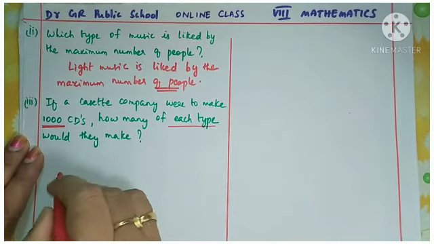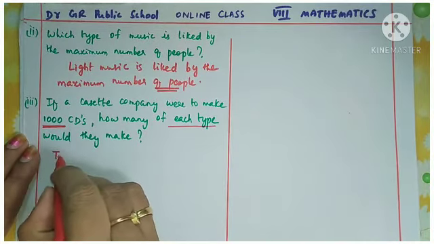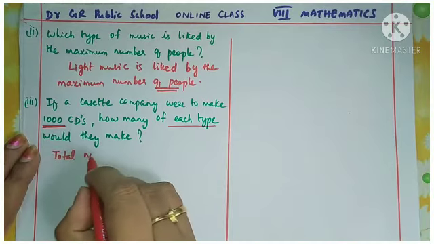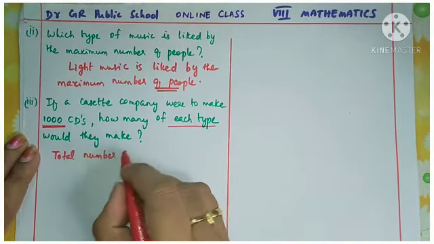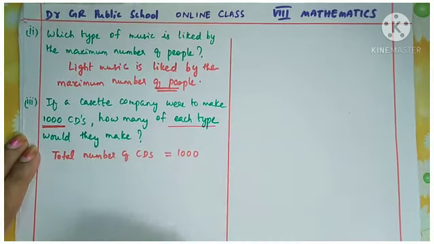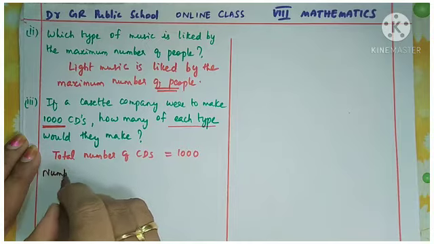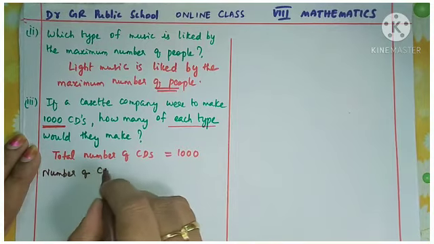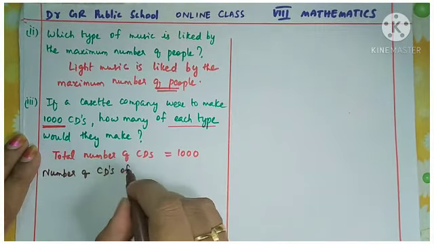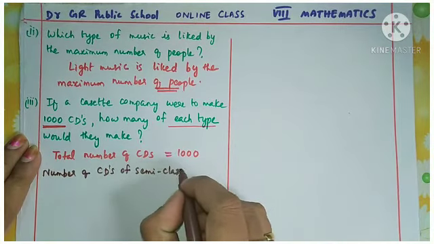So first we can start: total number of CDs is equal to 1000. Now first we can do the number of CDs of semi-classical music.